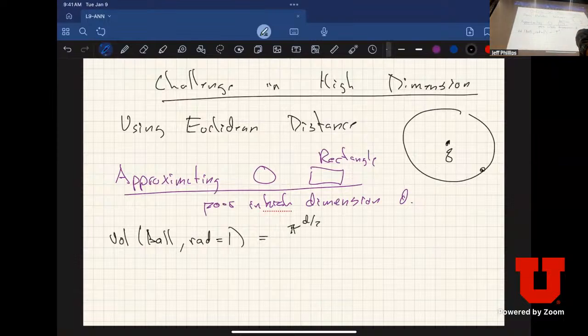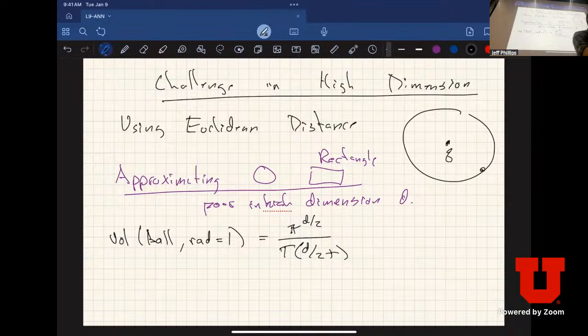It should involve pi, right? The area of a disk in 2 dimensions has to do with pi. It's pi to the d over 2 divided by this gamma function.